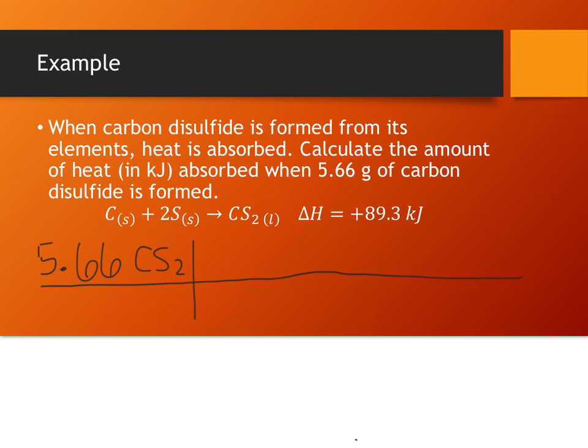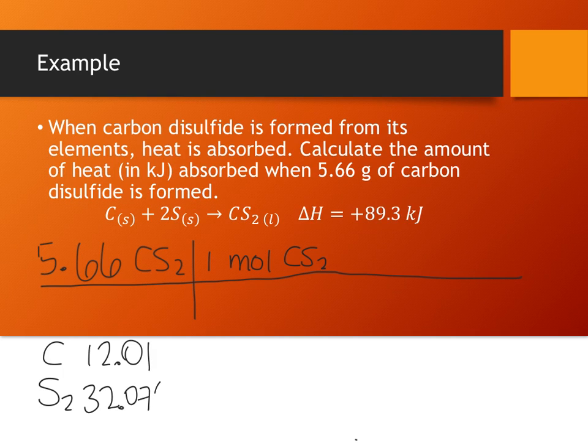So, first, we're going to put 1 mole of CS2 on top. And we actually need to find our molar mass. So carbon is 12.01. Sulfur is, there's 2 of them. Basically put them together. You get 76.15.